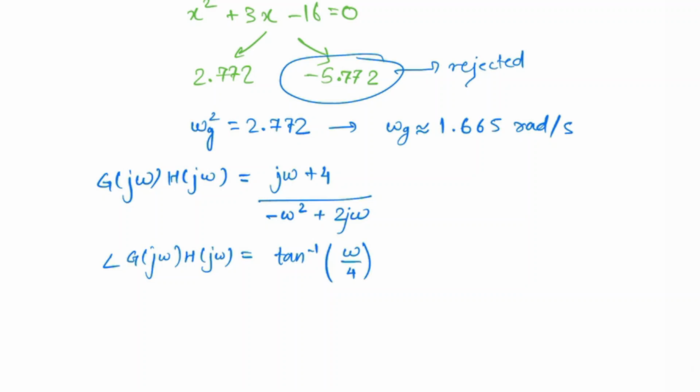This is the numerator term, the j omega coefficient divided by the constant term, and now the denominator.